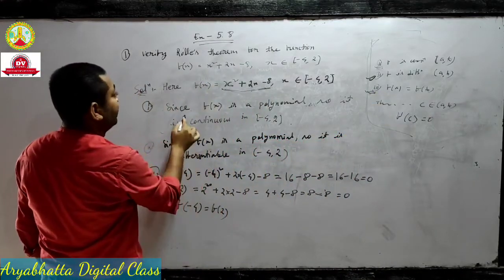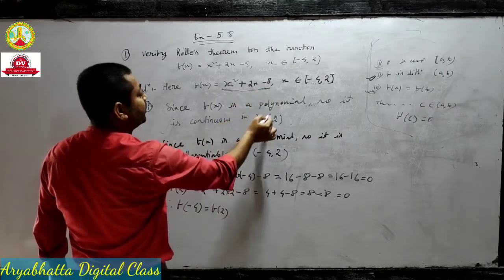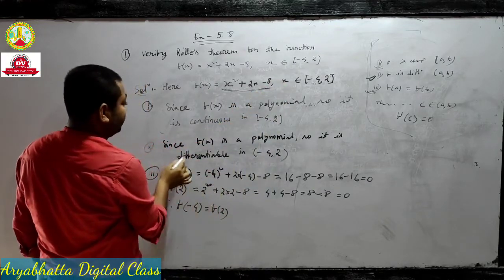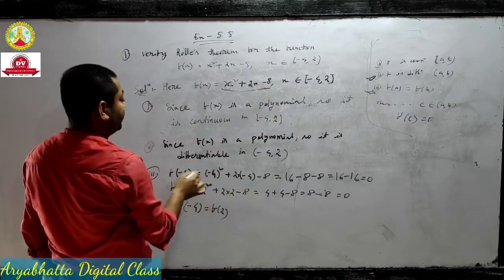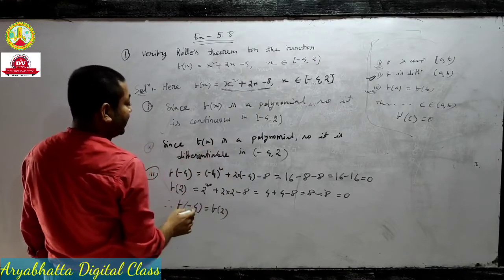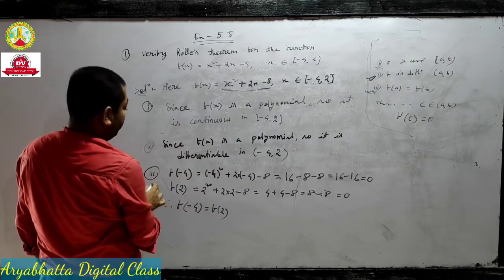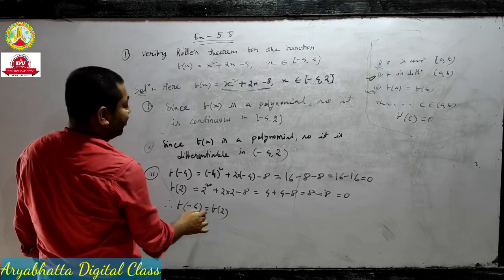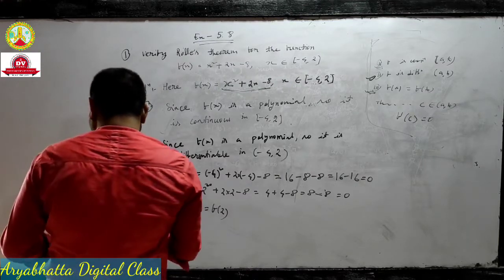f of x is a polynomial, therefore it is continuous on closed interval minus 4 comma 2. f of x is a polynomial, therefore it is differentiable on open interval minus 4 comma 2. And also number 3, f of minus 4 is equal to f of 2.